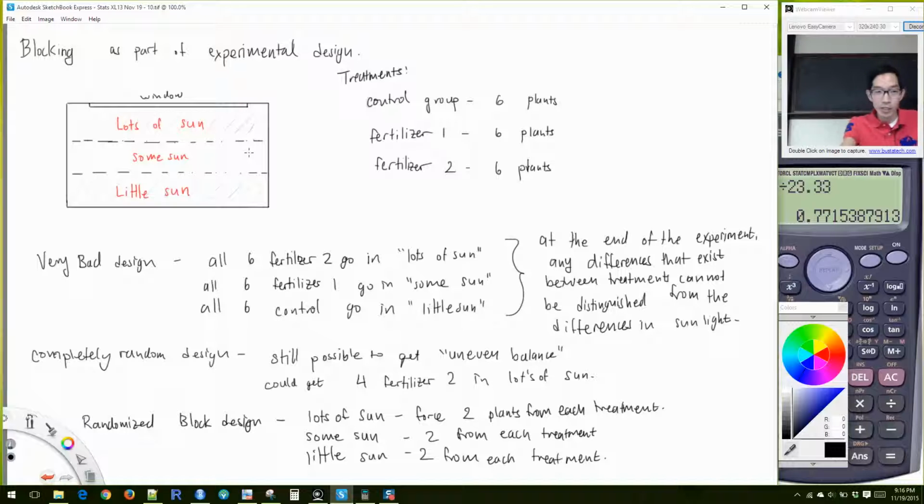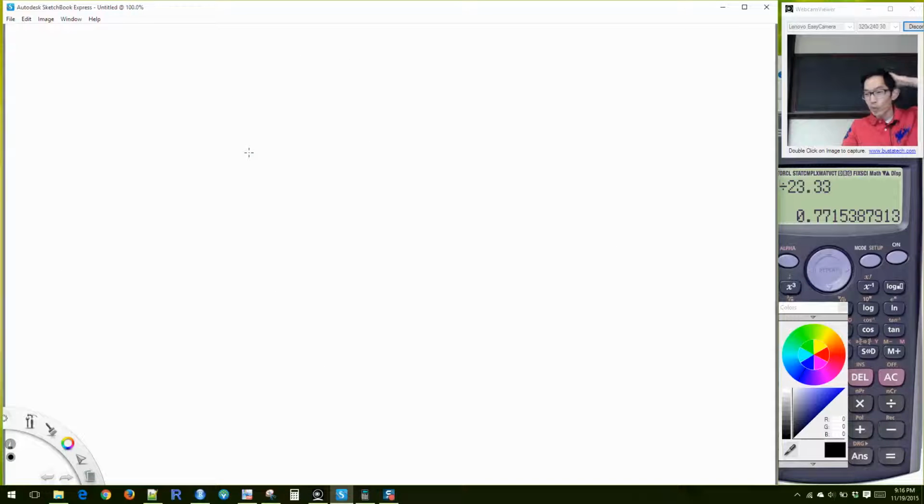Okay, and as far as the analysis goes, we have ANOVA for block design. I will just briefly talk about these.